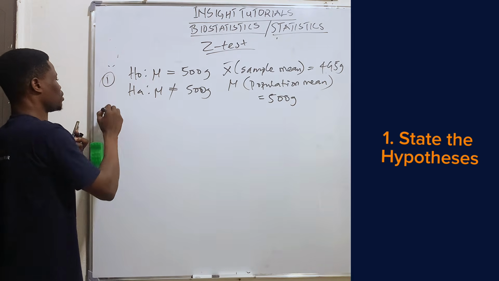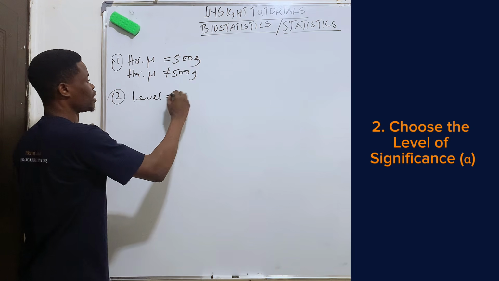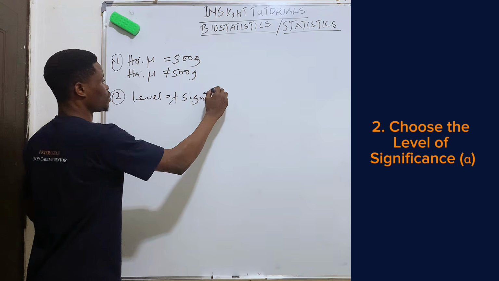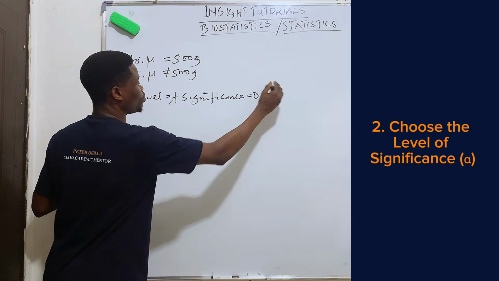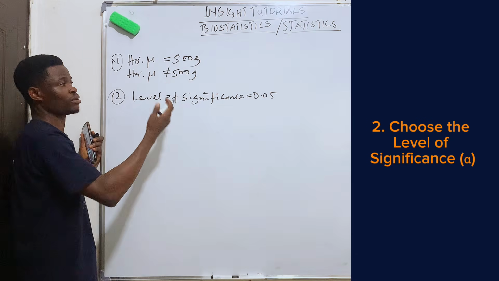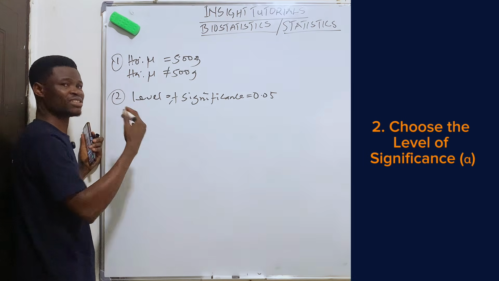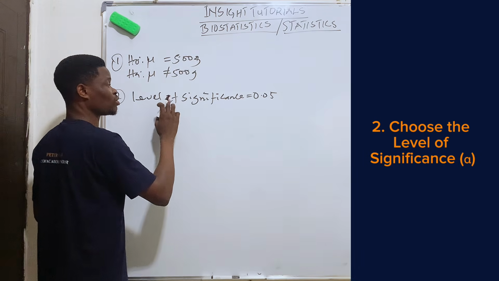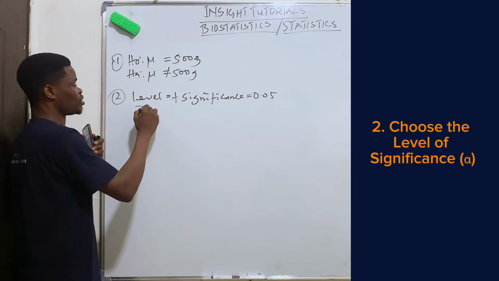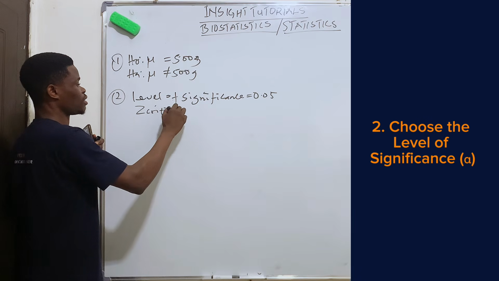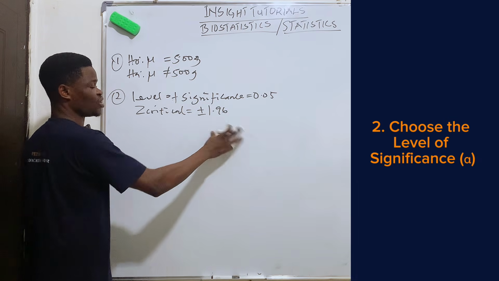This is step one. So the second thing is the level of significance. And our level of significance in this question is 0.05. Now, to every corresponding significance is a corresponding Z value. So if the level of significance for the Z test is given as 0.05, your Z critical value will be plus or minus 1.96, because this is a range.